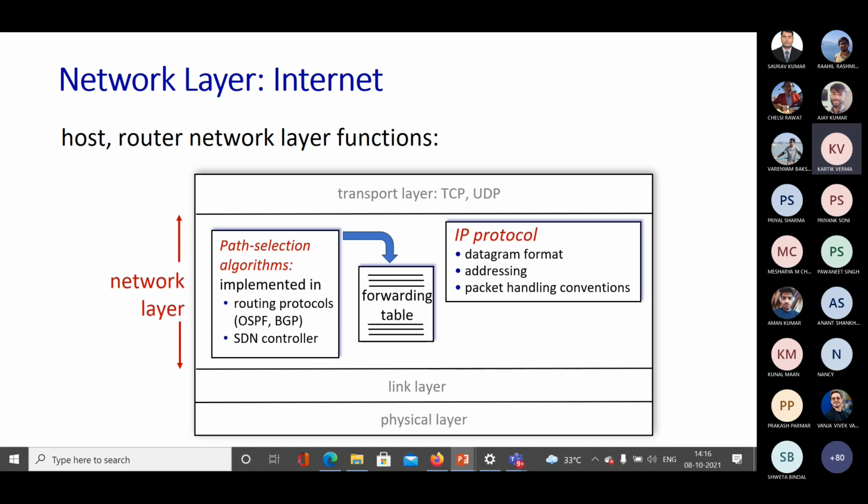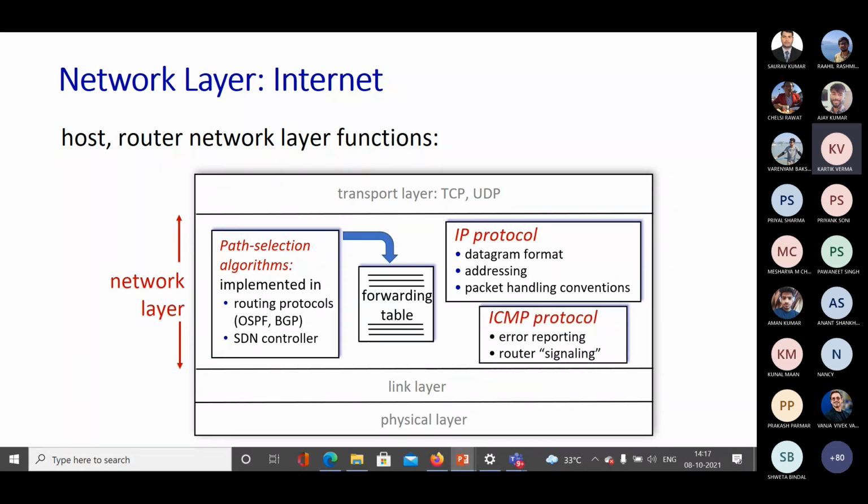The network layer functions are basically concerned with host to host communication, right? So that means you need the addressing of the host, and you need to put those addresses in the particular datagram, in that format. And how this packet will be handled, those conventions also come under this IP protocol.